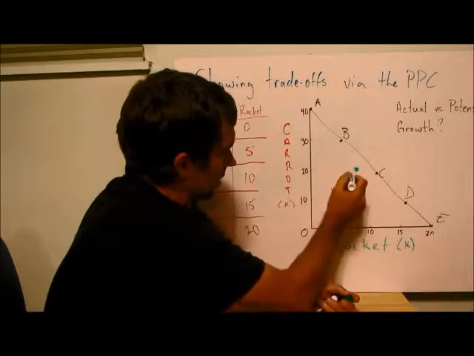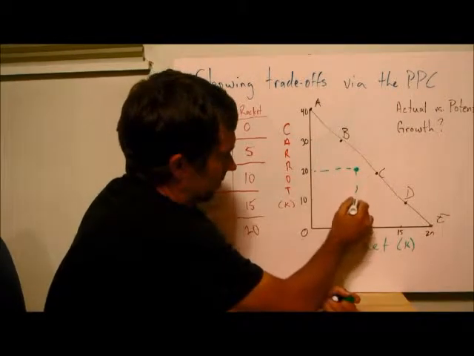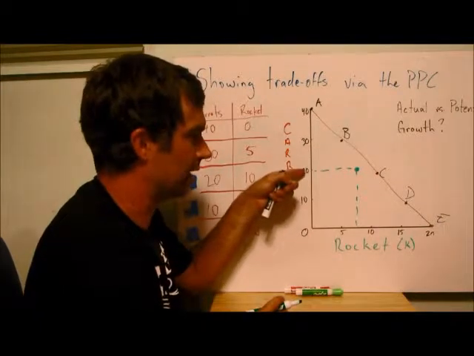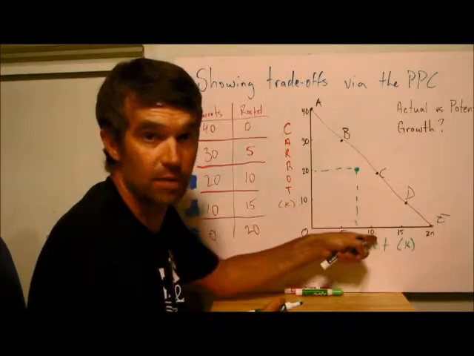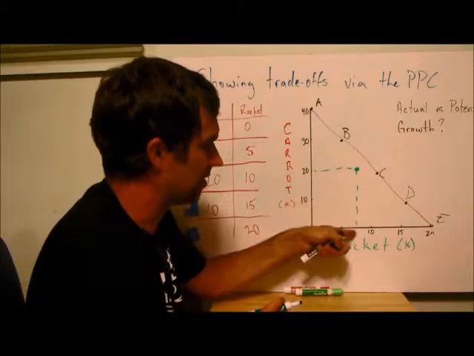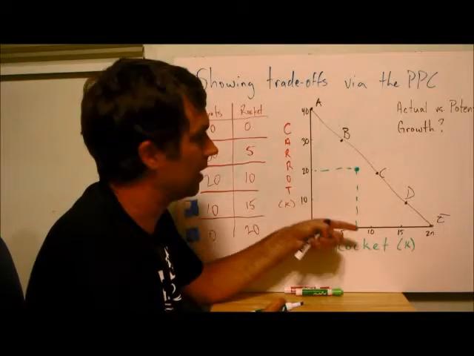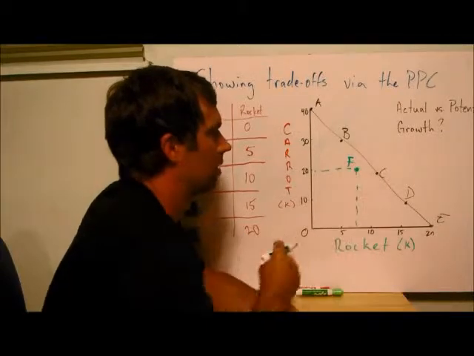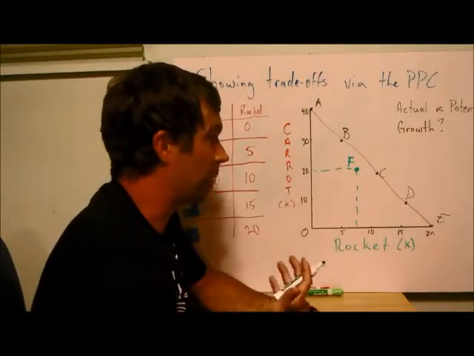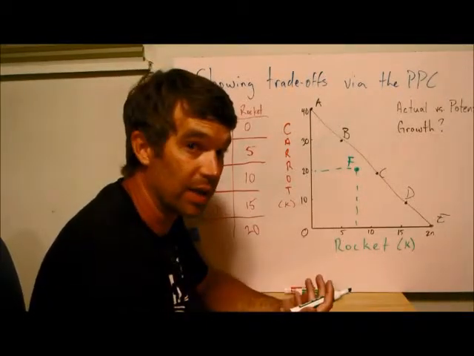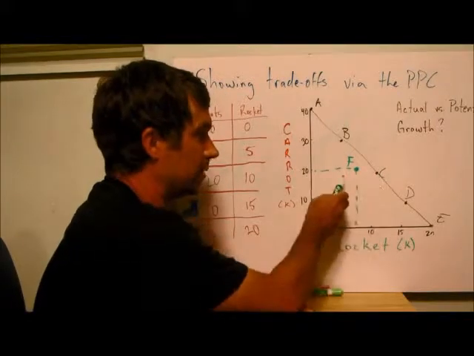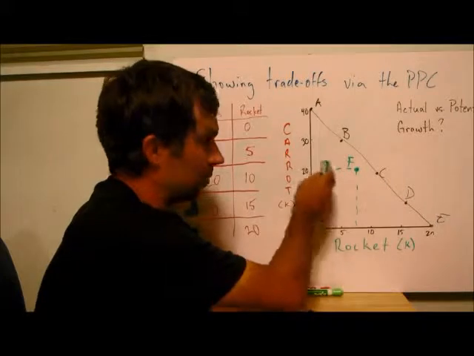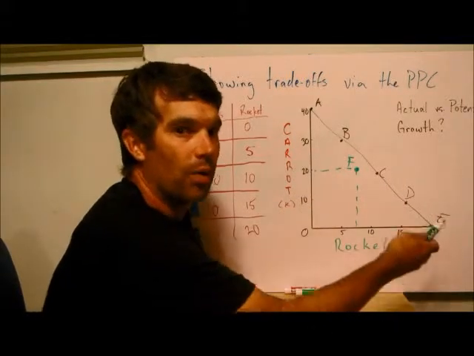So now I can look at this and go, okay, well, according to my graph, when I produce 20 carrots, I should be able to make 10 rocket. But it says here that I'm only making 8. Okay? So again, this gives me a place to talk about. At point F, we're not being as productive as we could be, because at point C, I'm able to produce the same amount of carrots and more rocket.